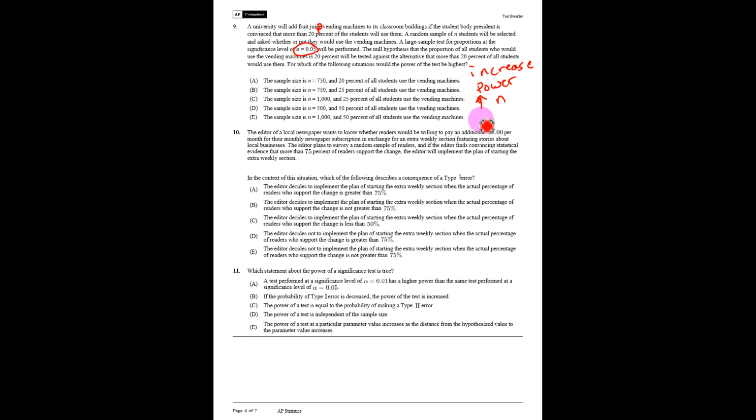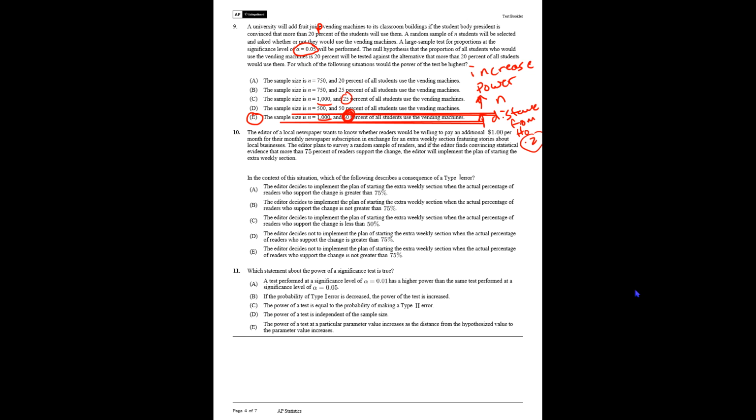And we want to increase the distance from the null, which is 0.2. So we want to be as far away as we can from that with the highest sample size. So here are our two largest sample sizes. Well, that and that. I want this one. I want to be as far away from 0.2 as I can. So E. Now, how you actually get it to come out that way is a whole different story.